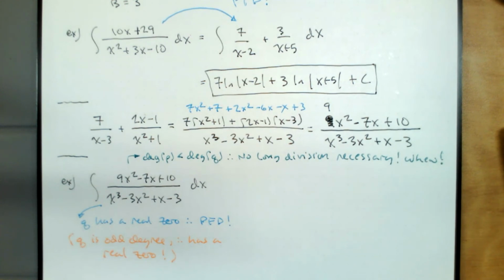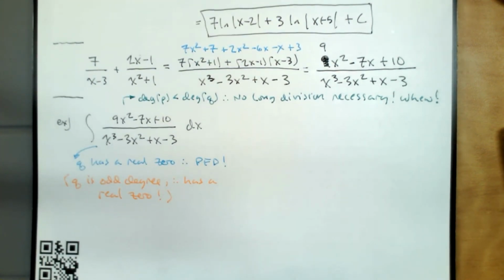Since Q is odd degree, Q has to have a real zero. An odd degree polynomial, the ends go in opposite directions. In this case, we have an odd degree and a positive leading coefficient. So this function goes to infinity as x goes to infinity. And then the other side, negative infinity, does the opposite. The function goes to negative infinity as x goes to negative infinity. The ends go in opposite directions.